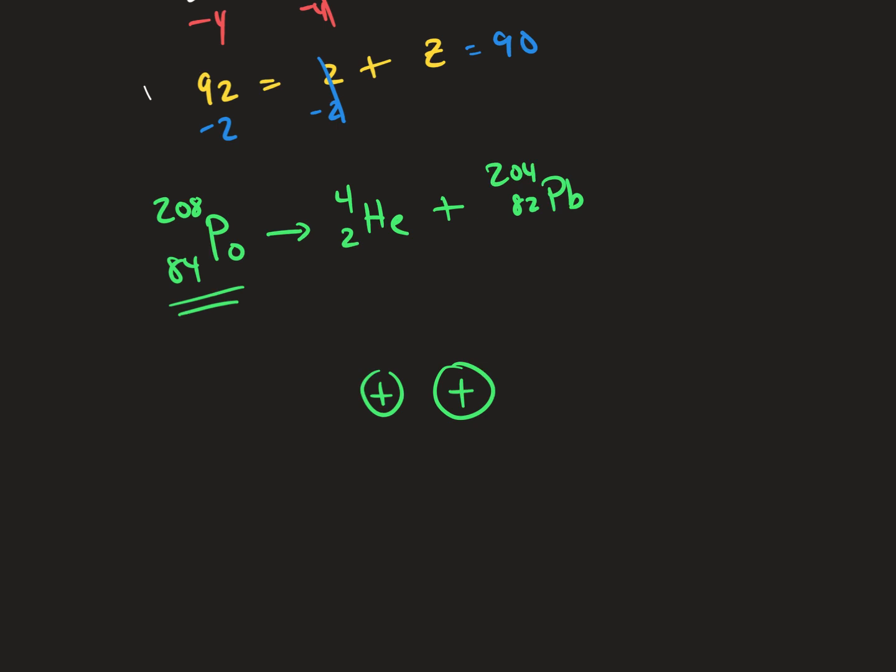It turns out there's a force that's stronger than the electrostatic force. The electrostatic force causes them to repel, right? But if they get close enough, if there's enough energy to push them together, they will hold together a lot harder than being pushed apart. And that's called the nuclear strong force.